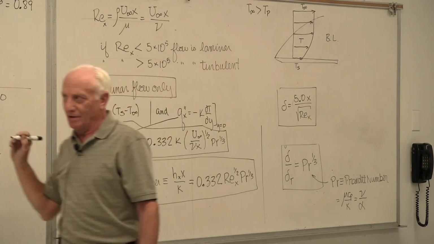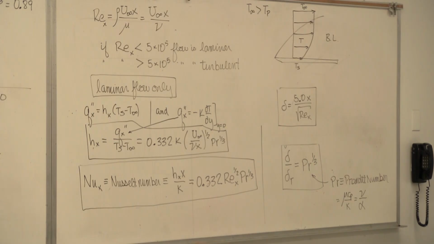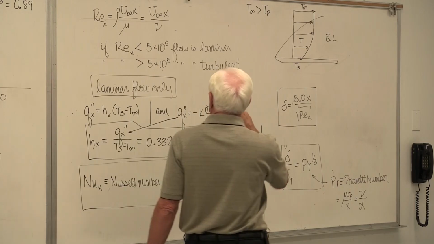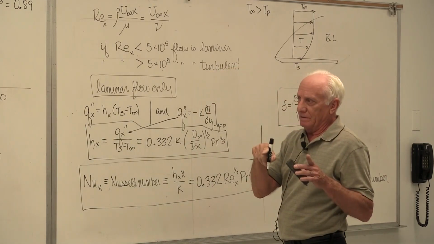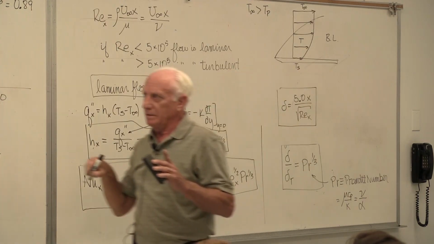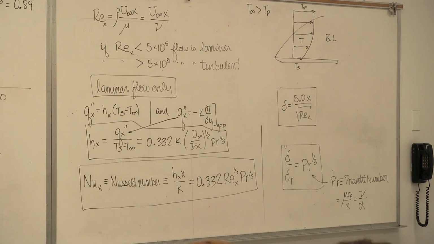So these equations only hold for a flat plate. And what does the Reynolds number depend on? It depends on x. So at a certain value of x, if the plate's that long, the flow is going to transition from laminar to turbulent. It will start out laminar, and at a certain Reynolds number, down here somewhere, it might transition to turbulent.